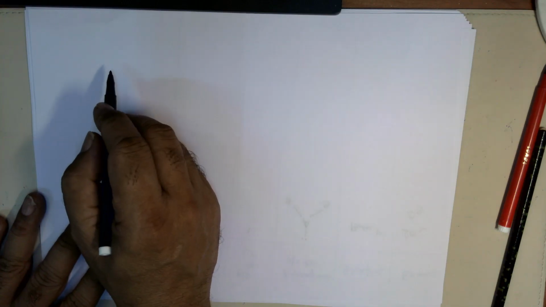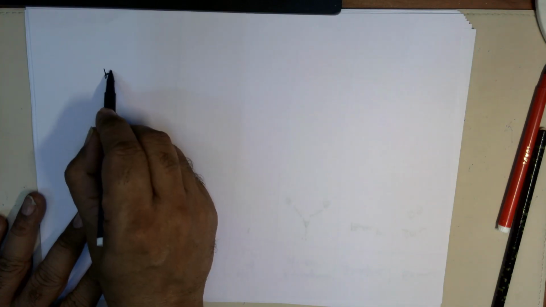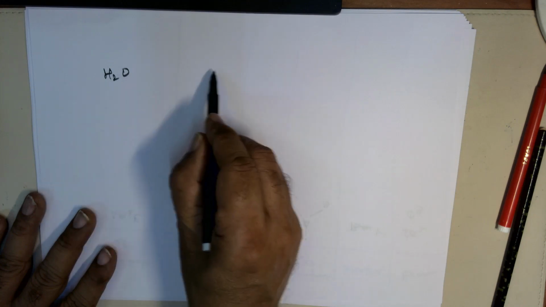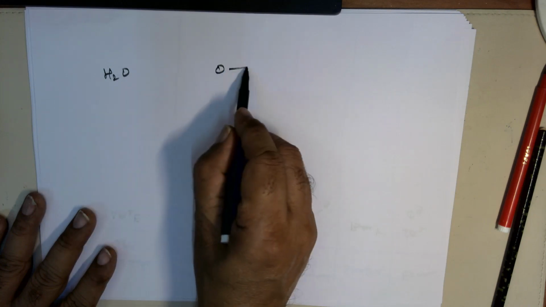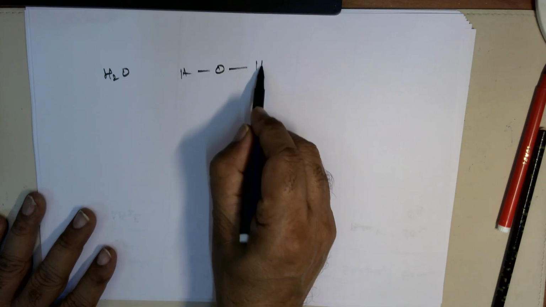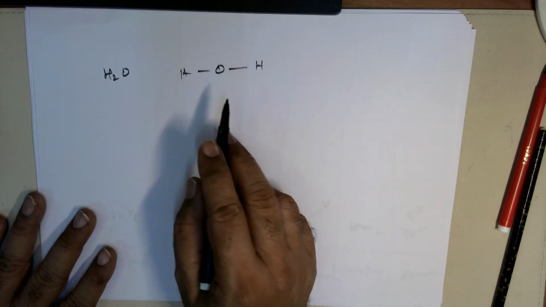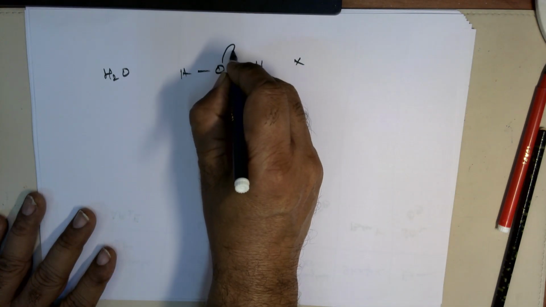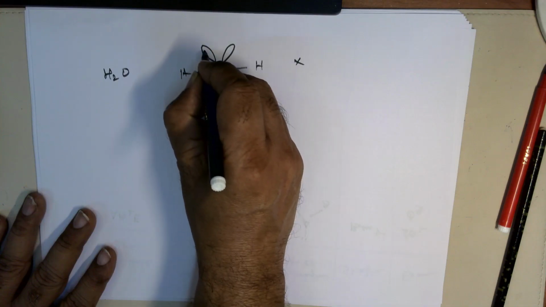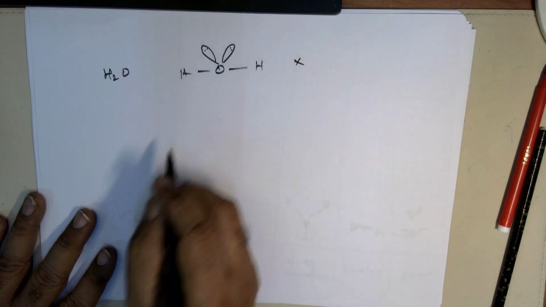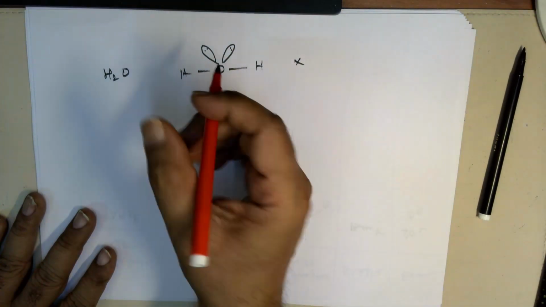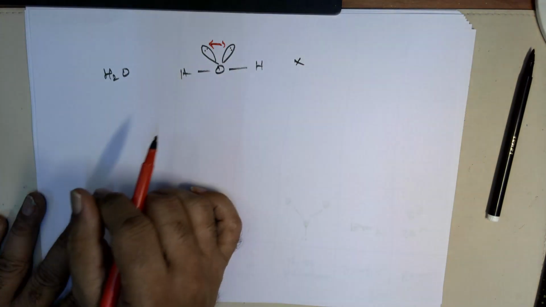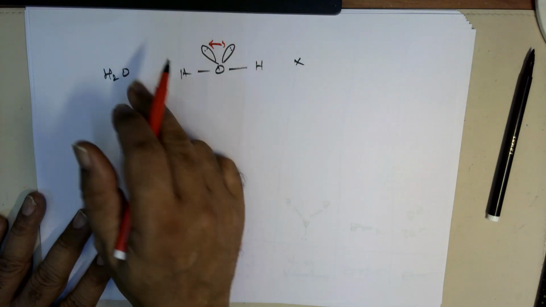For example, let me consider the water molecule, H2O. We expected, listen to me, a linear structure, H-O-H, for water. But this is wrong. Why? Because oxygen has two lone pairs of electrons, so they try to occupy the maximum space. So there is a repulsion.